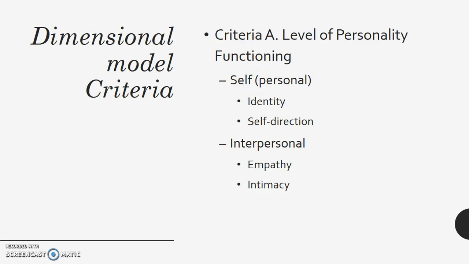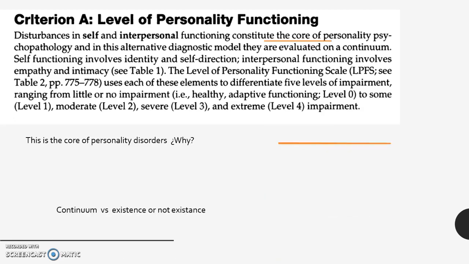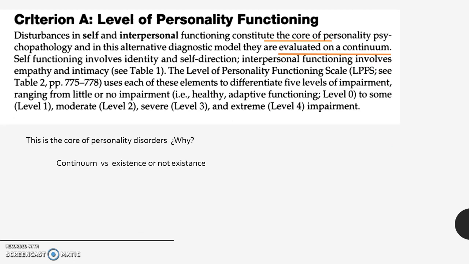So the point here is to assess how this self-functioning is actually operating in terms of identity and self-direction, and how well this personality functioning is operating in terms of empathy and intimacy. So to do that, we have to remember that these two are the core of personality functioning, and that personality is about a continuum of functioning in either one of those four components.